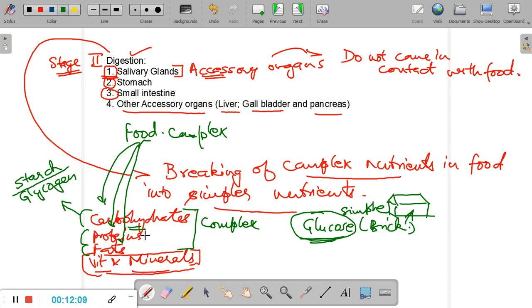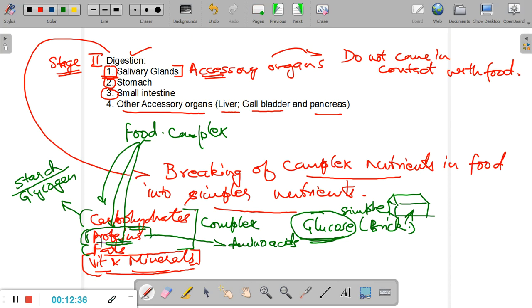Now, proteins are made up of simple substances called amino acids. Our body cannot use the proteins that we eat directly. For example, the pulses that you eat, like the kidney beans or the black grams or the moong dal, etc., or eggs or meat or fish, the proteins that we eat, our body cannot directly use them.